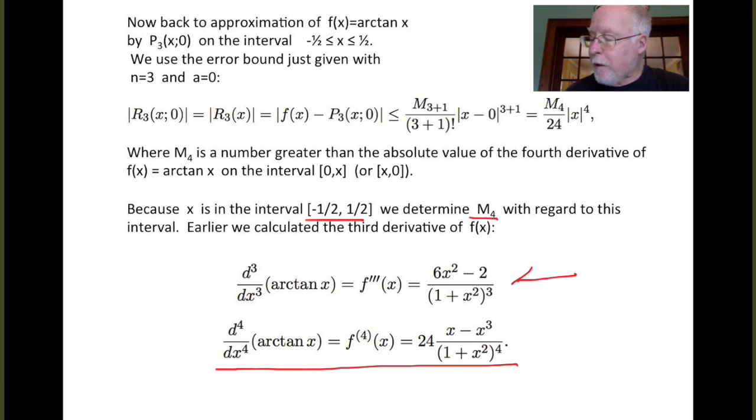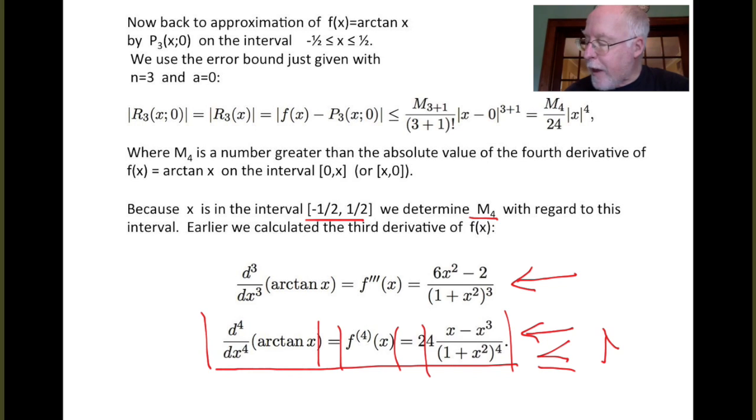We calculated the third derivative back when we computed P_3, and if we differentiate that third derivative, again using the product and quotient rule, we get the following form. Now, the question is, how big is this? If we take its absolute value, how big is that?